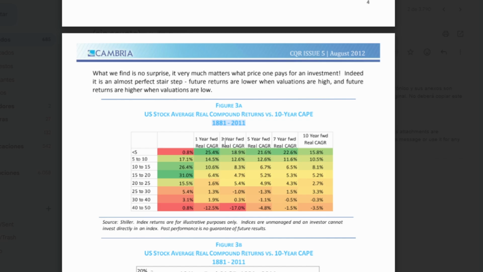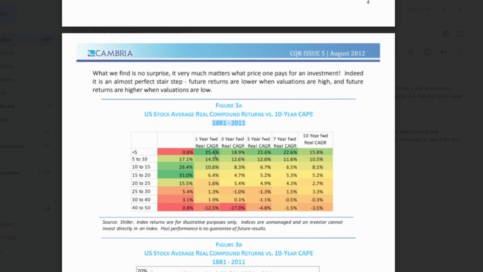In 3 years, you will have on average almost 20%. On 5 years, 21, 7 years, 22, and on the next 10 years, you will have almost a 16% annual return, which is amazing.